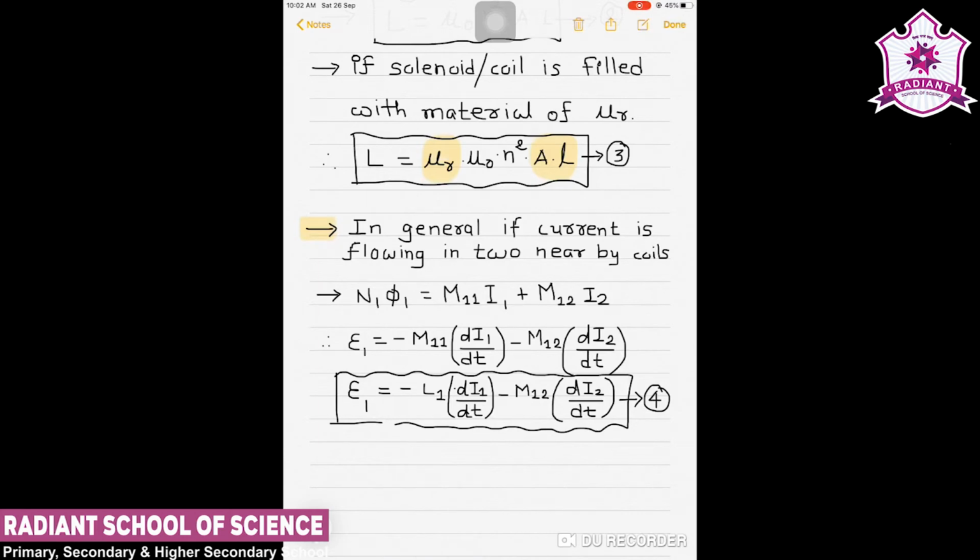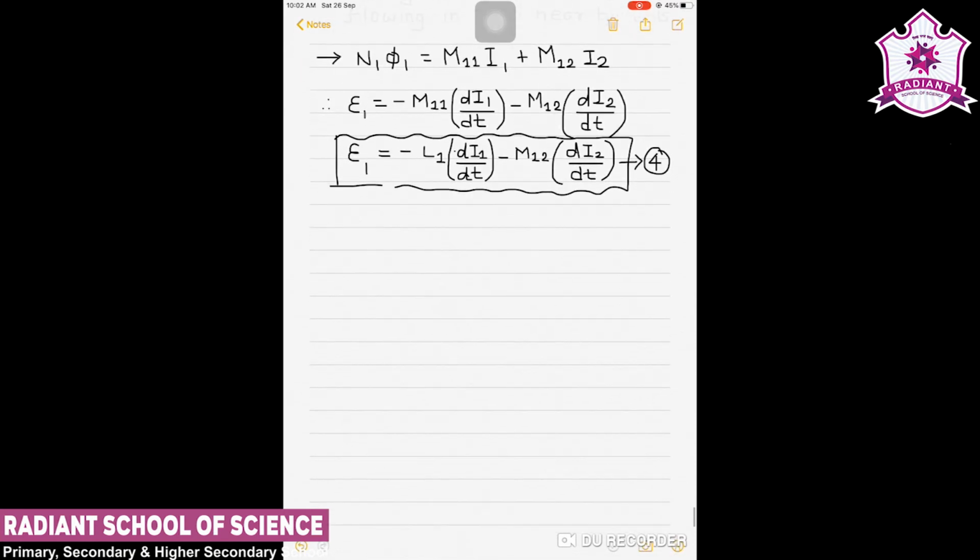Now we will move to another important topic, that is, work done in this coil arrangement. The self-induced EMF is also called back EMF, as it opposes any changes in the current of the circuit.